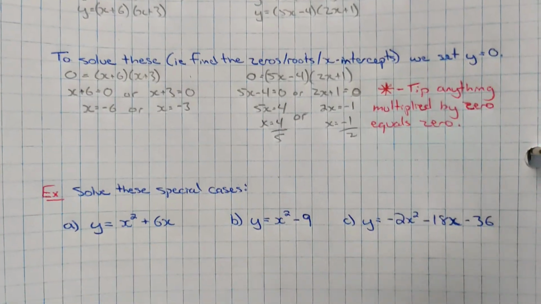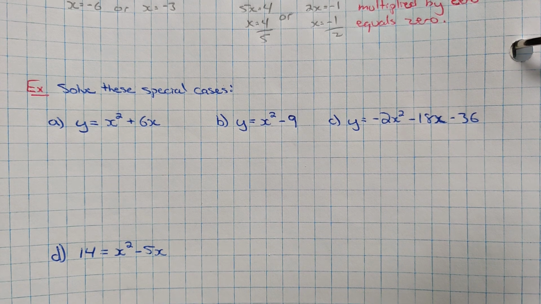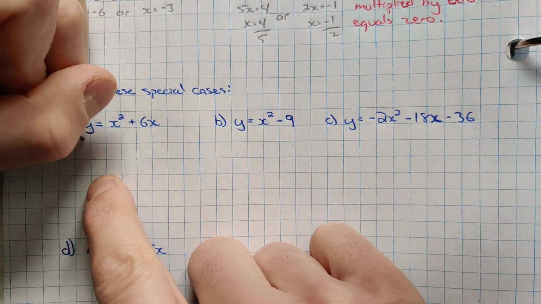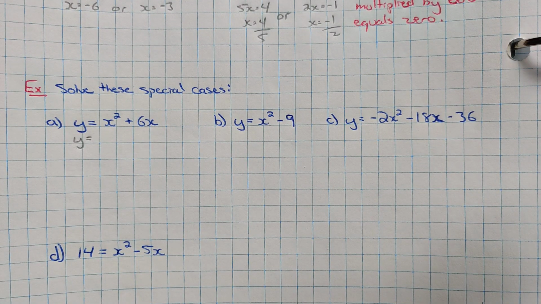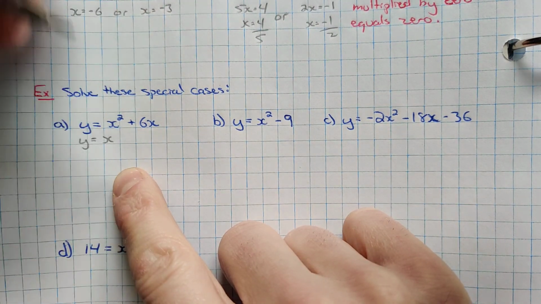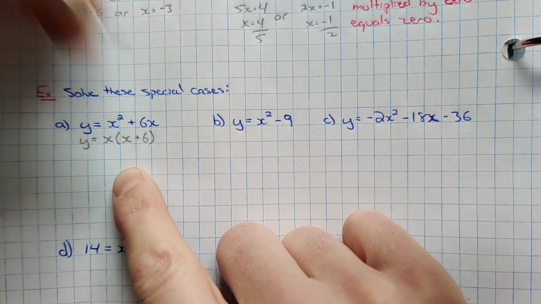Let's take a look at some of these special cases for factoring for some review and a couple of special situations. In the first one, x squared plus 6x. There's no c value. This one is easier to factor. You do not have to make a trinomial because what's the first thing we should look for? A common factor. And if we look for a common factor, we'll get x and leaves us with x and x plus 6.